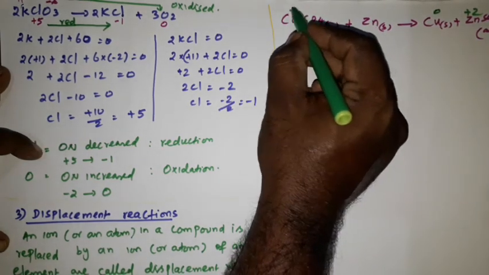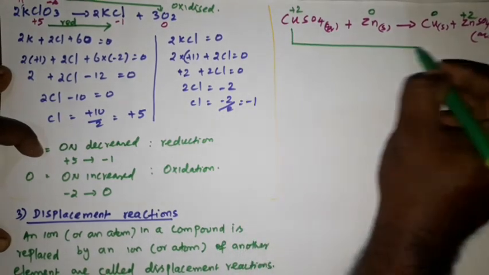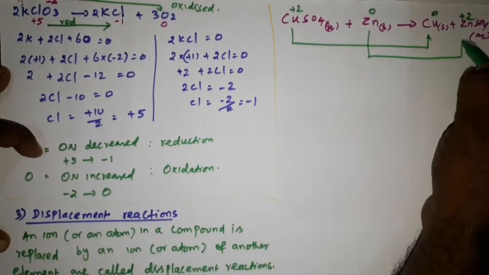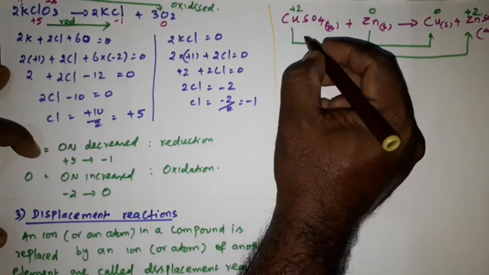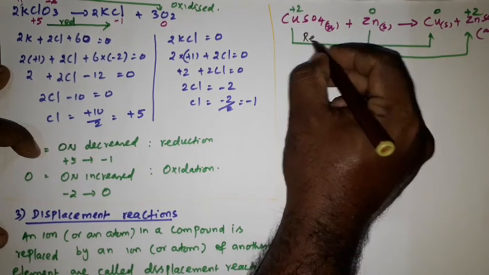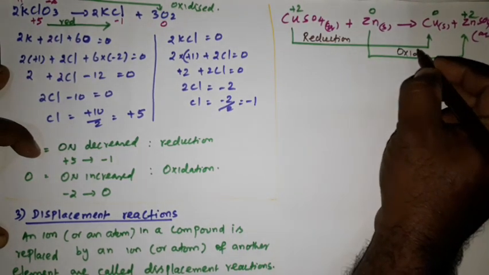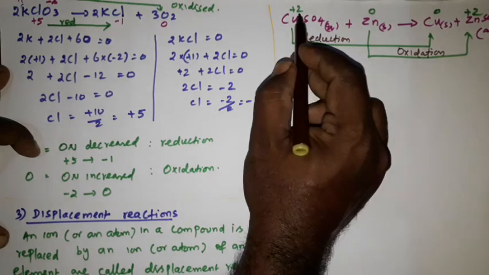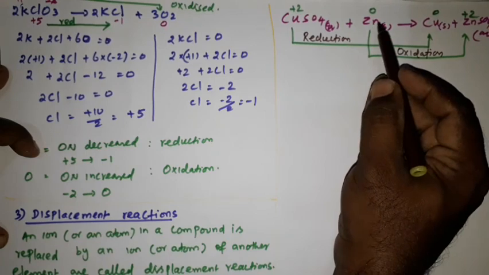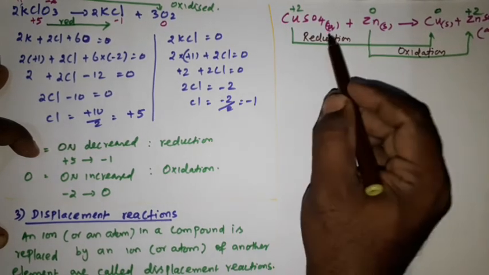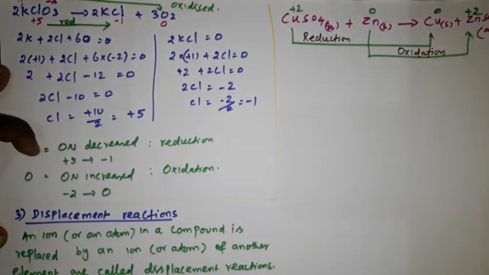Here copper is plus 2, zinc is 0. Copper is reduced, because its oxidation number goes from plus 2 to 0, decreased. Zinc is oxidized, because 0 to plus 2 is increased. Clear?